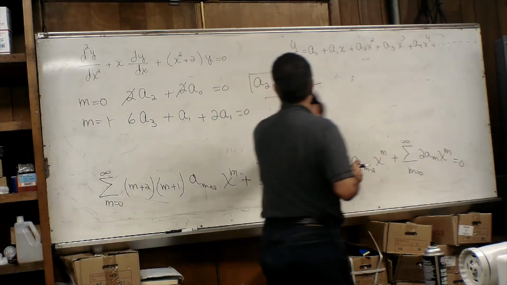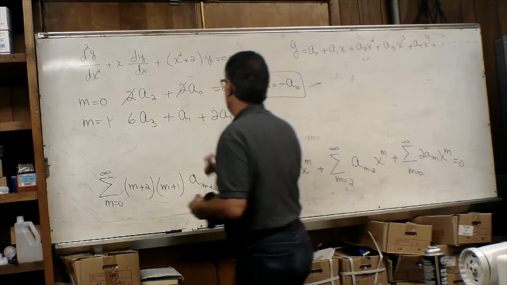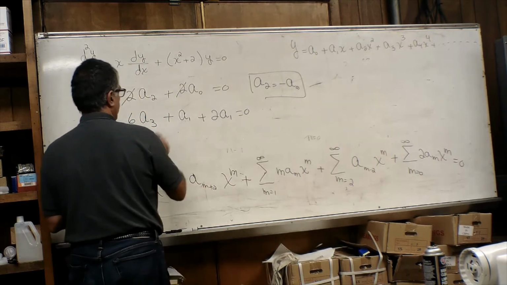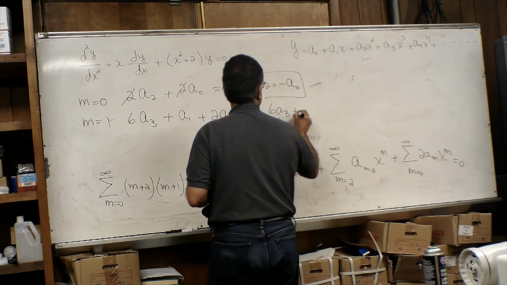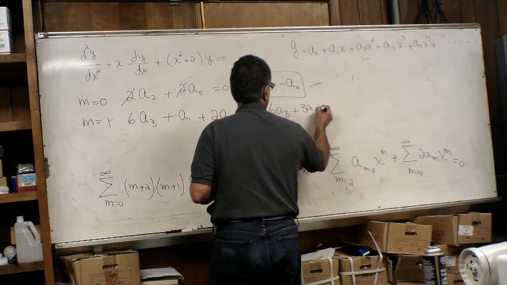So here we are going to have 6a3 plus 3a1 equal to 0.